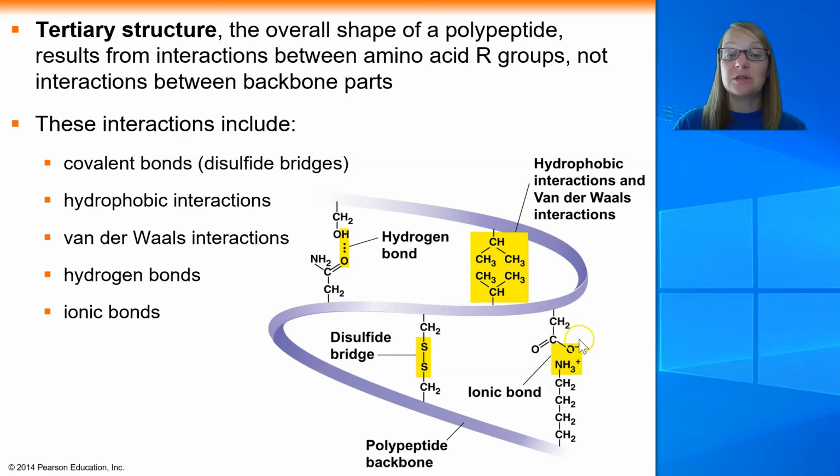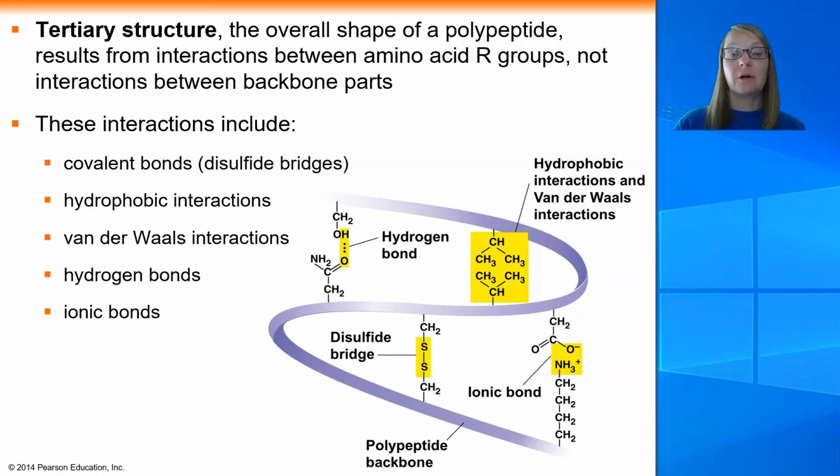These two opposite charges are going to attract and form an ionic bond between the two R groups to maintain the shape of the polypeptide in that position. So those proteins that exist as just a single polypeptide will reach that tertiary structure, will be fully folded, and hopefully have their fully functional shape and can go on to do their business within the cell.